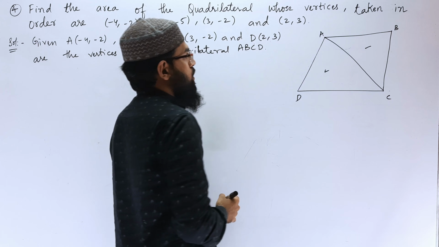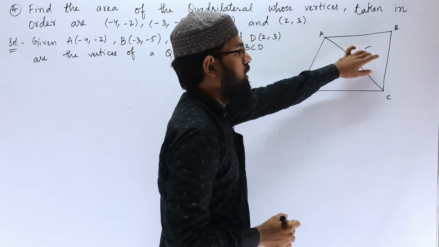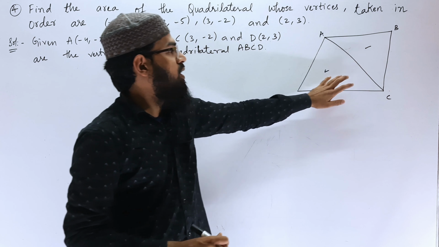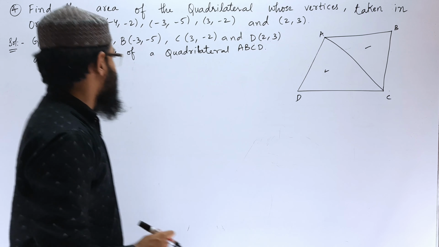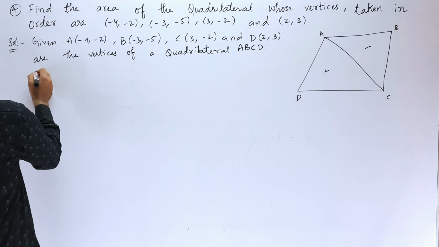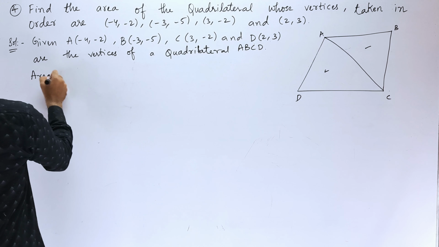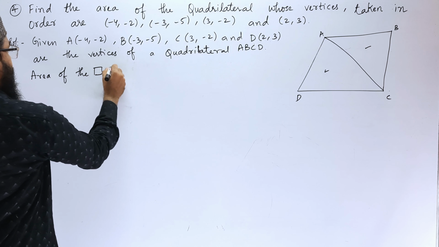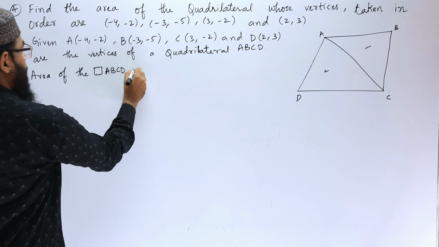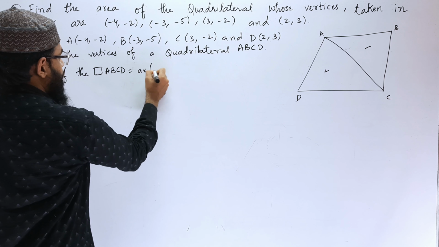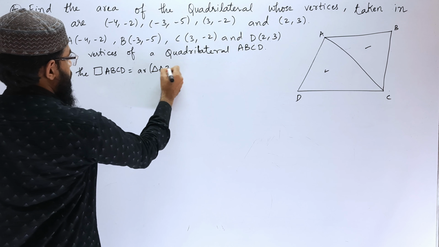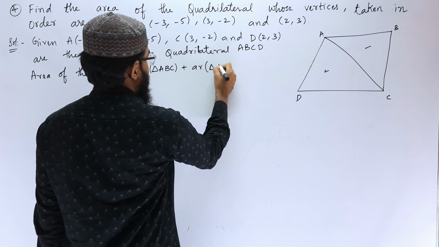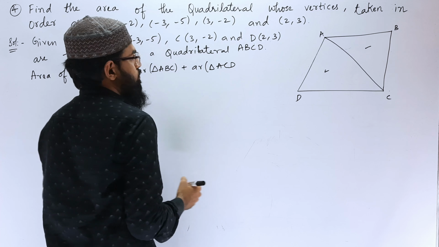Now we can find the area of the quadrilateral ABCD by adding the area of the triangle ABC and the area of the triangle ACD.